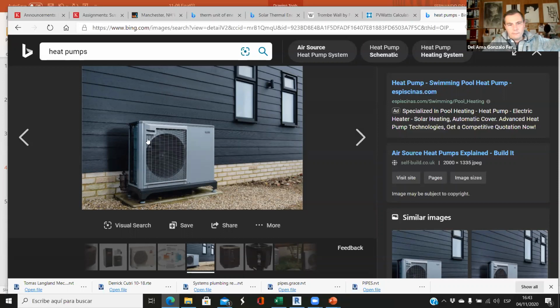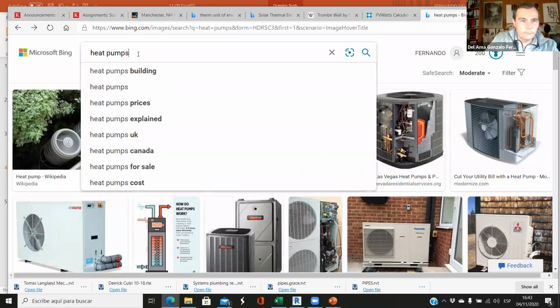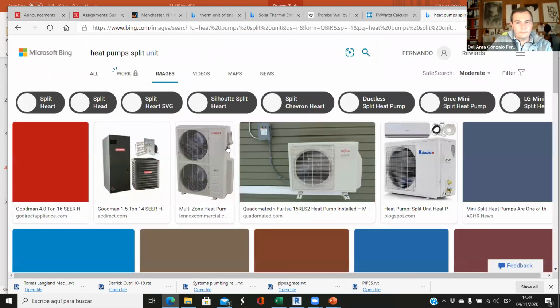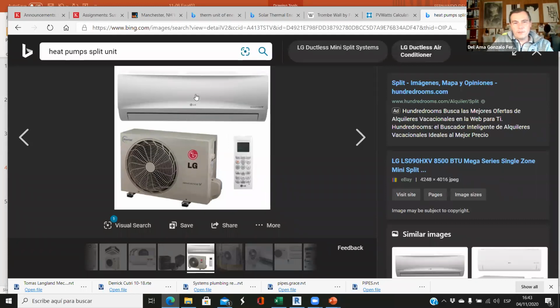There are indoor units. So on the walls, we usually have this split. Okay. So we have these outdoors and we have these indoors usually. There are different options or different models, but I think we are all familiar with these kinds of things. This runs on electricity, and this is a heat pump. So for cooling, we have to use this. The good thing is that we can use this for heating as well.